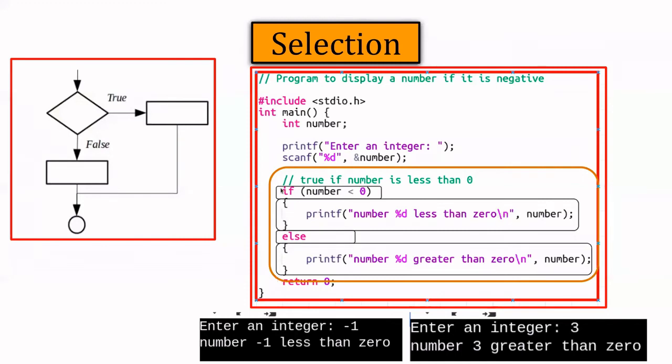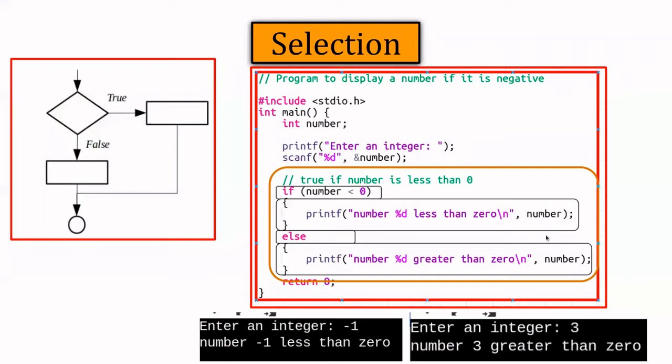Else, here this control is if else. Else print this number. Say the number is 2. Number 2 greater than 0.